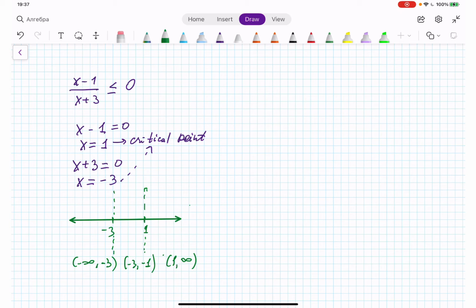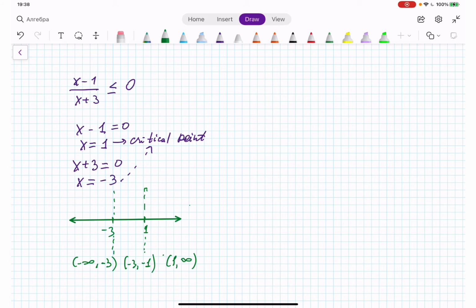Now let's identify the sign of this expression on each interval to figure out which interval is going to be the solution. We are going to take a testing number from the first, second, and third intervals. We know this rational inequality is supposed to be less than or equal to 0.